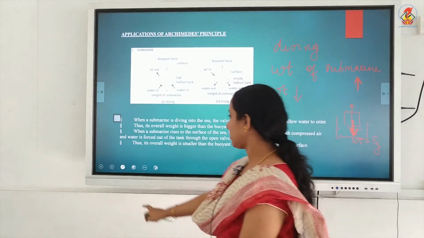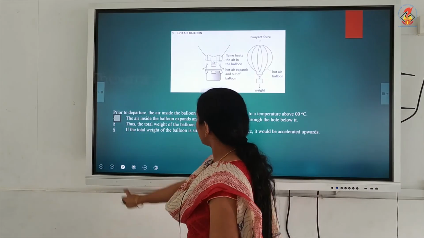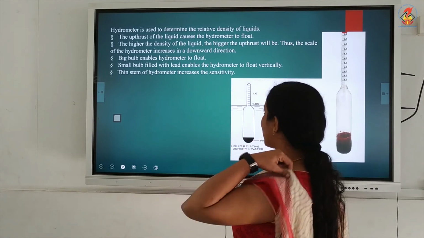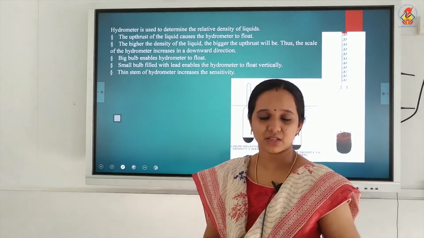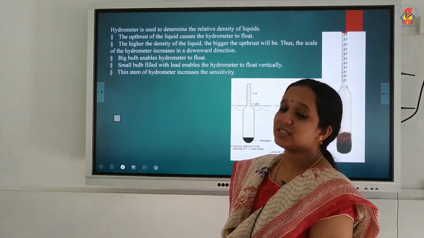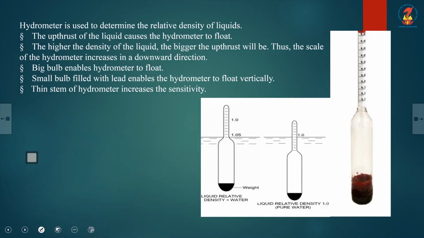Okay. Now moving on to the second application, that is the hydrometer. A hydrometer is a device which is used to determine the relative density of fluids.